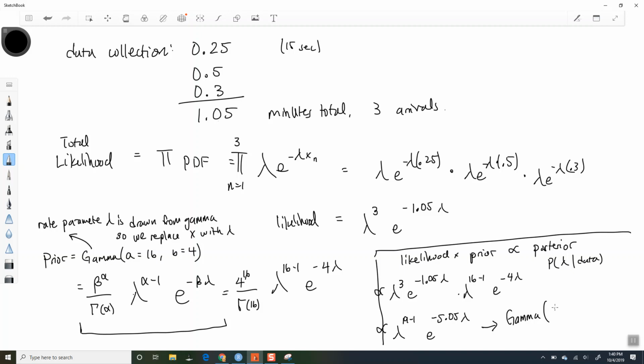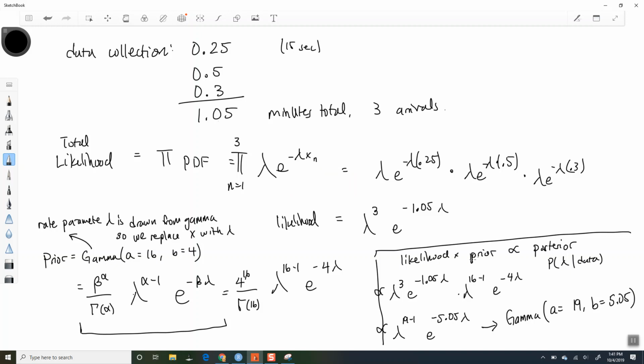It's going to be with alpha equal to 19 and beta equal to 5.05. Is that okay, how I got these values?